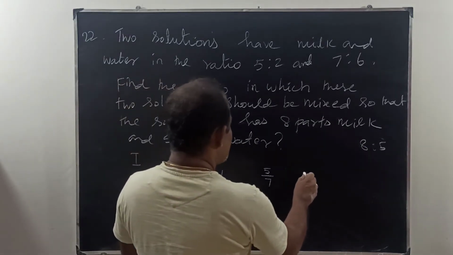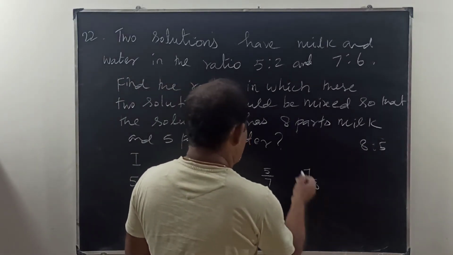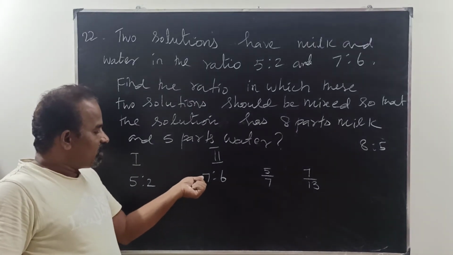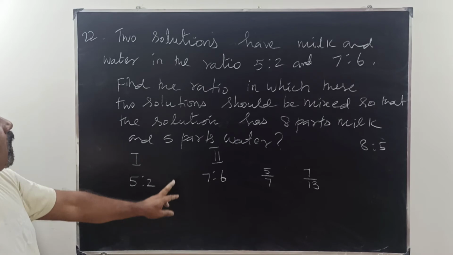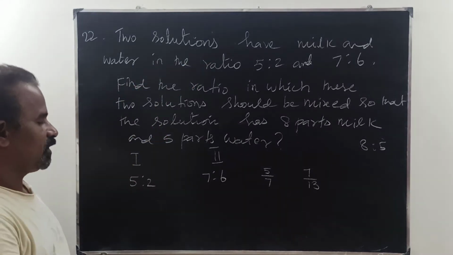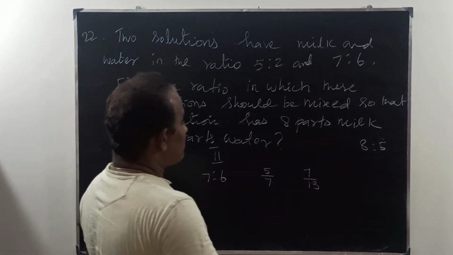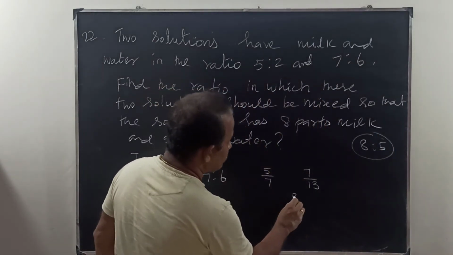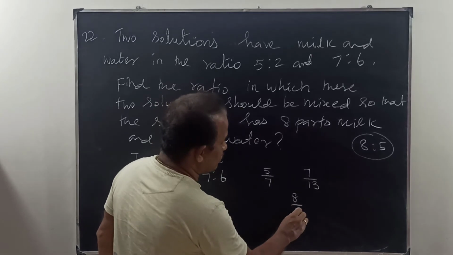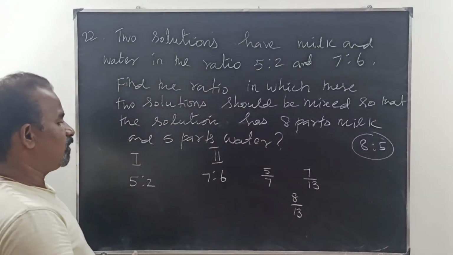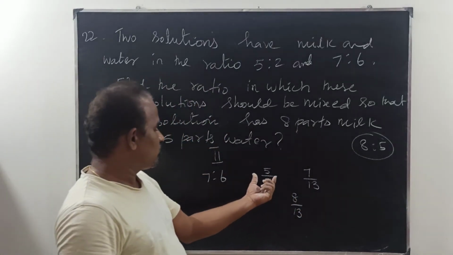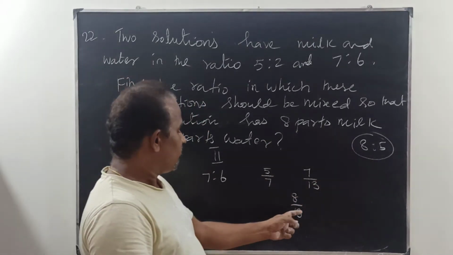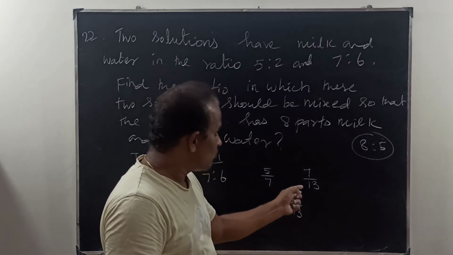So here, totally there are 13 parts, out of which 7 parts is milk. Now what is our required? 8 part milk out of 13 parts. Very careful. This is the first solution, this is the second. After mixing it, we will be getting the required solution.